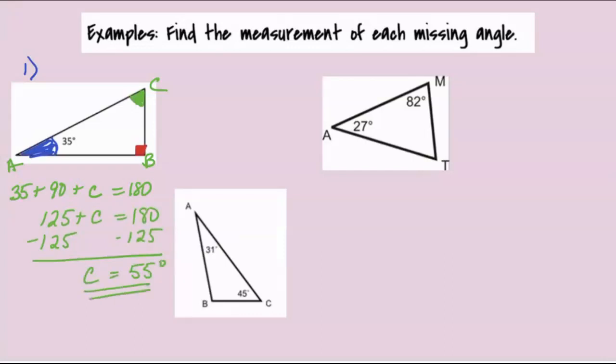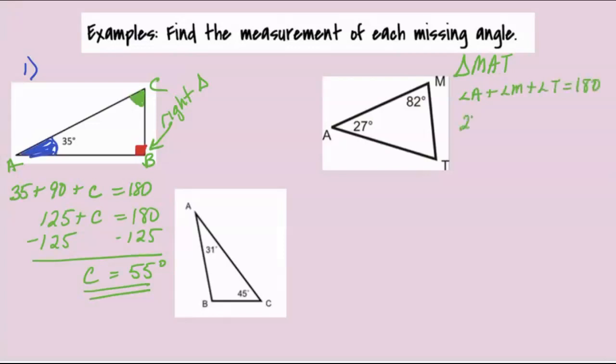So now let's look at the triangle on the right. By the way, this is a right triangle because it has the right angle. Over here, triangle MAT is an acute triangle, and we will see that when we solve for angle T. So we can say that angle A plus angle M plus angle T equals 180 degrees.